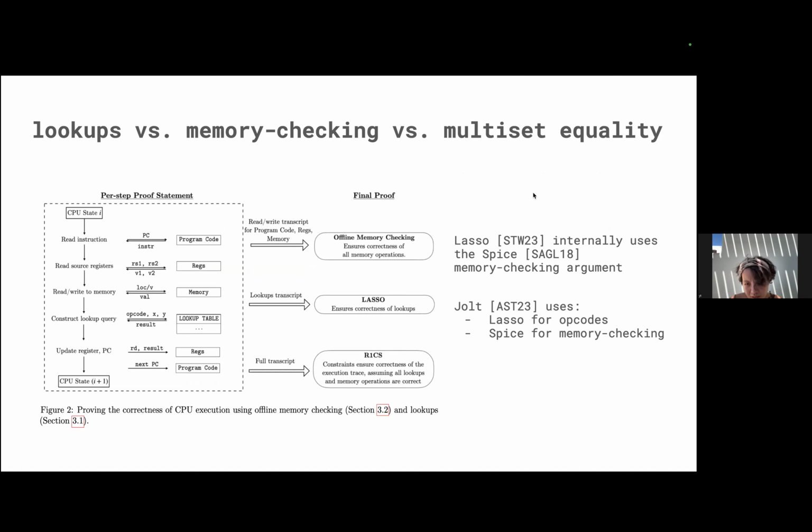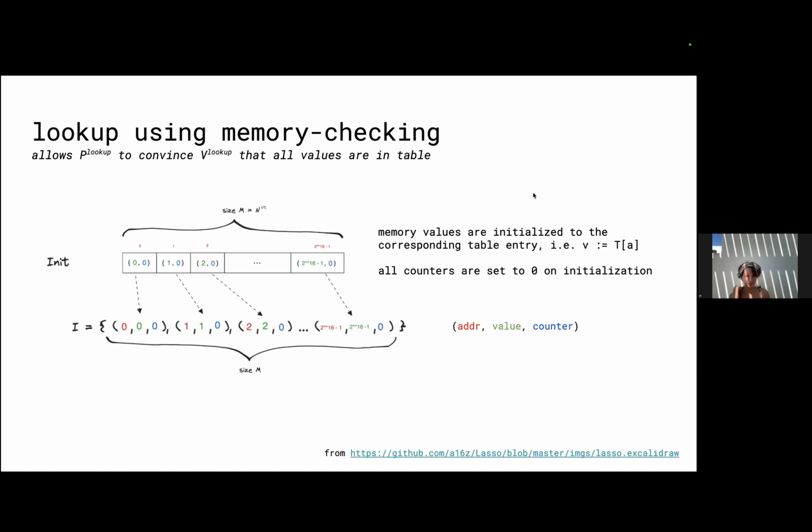This is how Lasso, the lookup argument, internally uses a memory checking argument. The lookup that we want to do is a range check. So over here, we want to prove inclusion in a range of 16-bit values. We initialize these values as entries in a read-only memory.